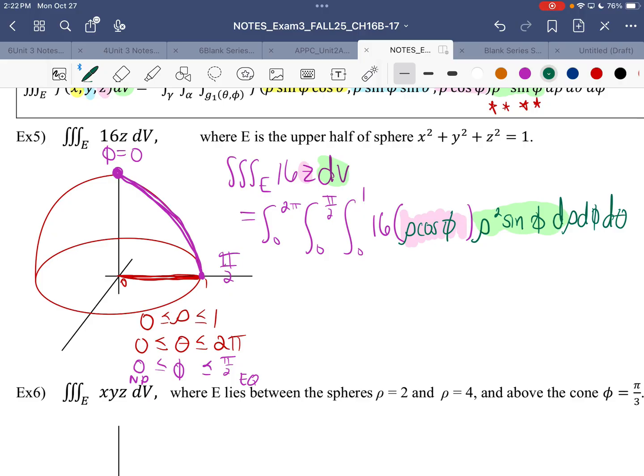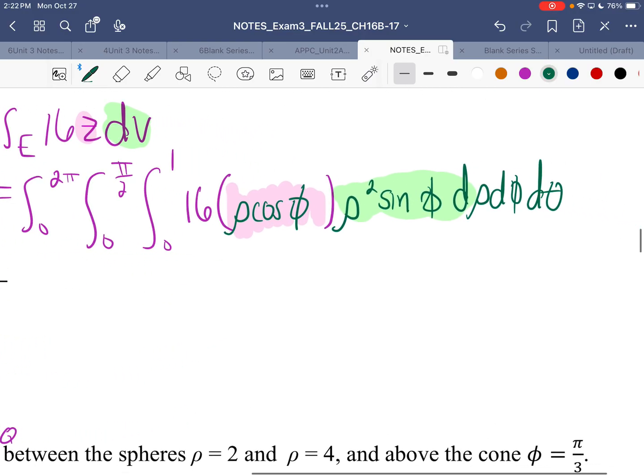So if I wanted to get ready to integrate this, could I use the product rule? Look at the boundaries. Are any of the boundaries variables? No. Are any of the functions adding or subtracting between like rho plus rho squared sine?